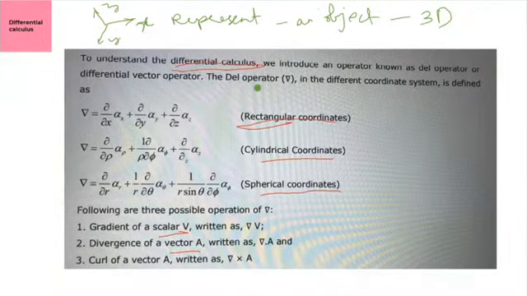In cylindrical coordinates, you are going to use something called psi. An angle is also going to be used. If you use an angle instead of z, if you take an angle axis, then you will end up with cylindrical coordinates.